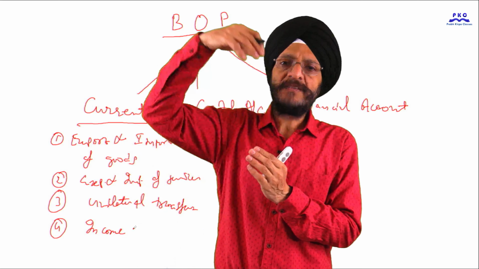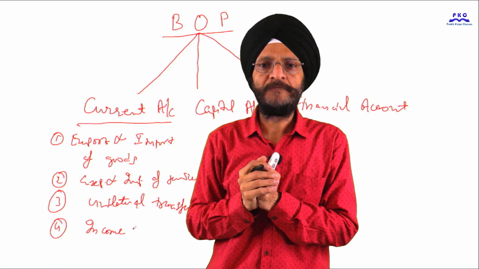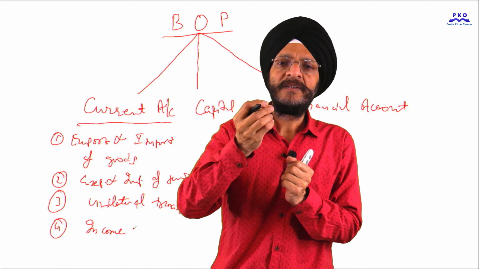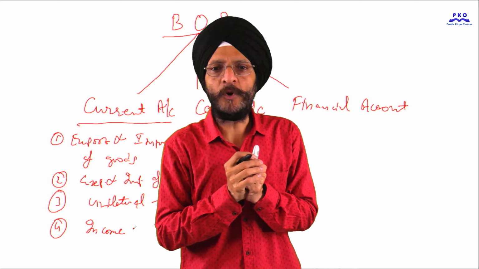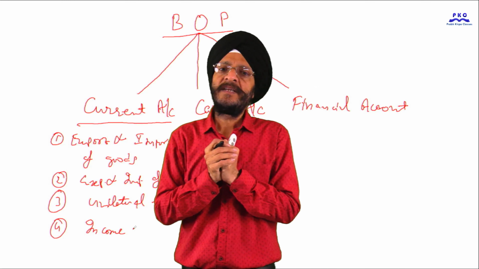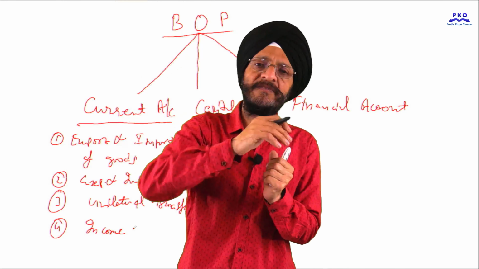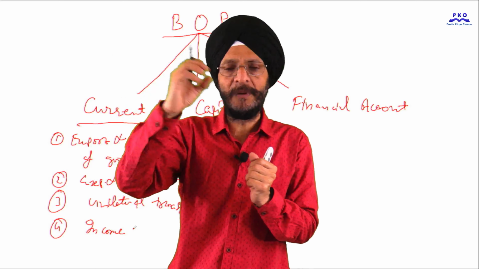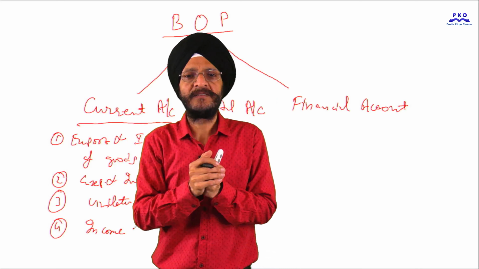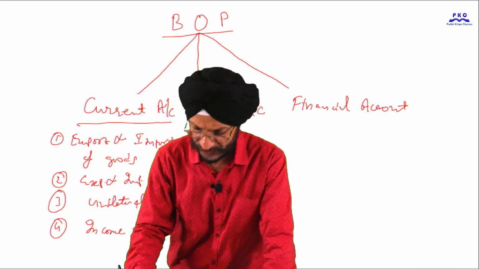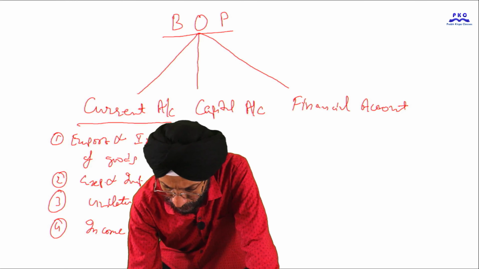We may have made some investments in foreign countries, and we may be receiving income in the shape of, say, rent, dividend, profit, and at the same time foreigners might have invested in our country, and they may be receiving payment in respect of their investments in the shape of dividend. So all these transactions are recorded here, income from investments.